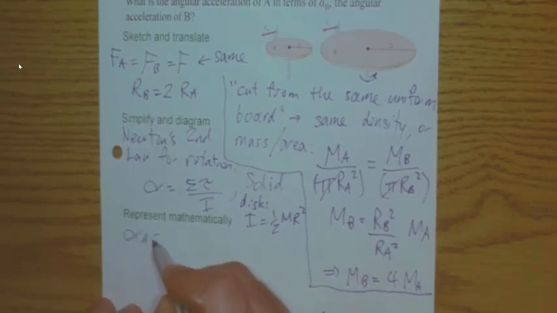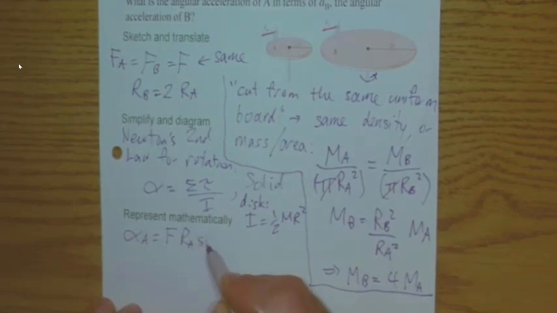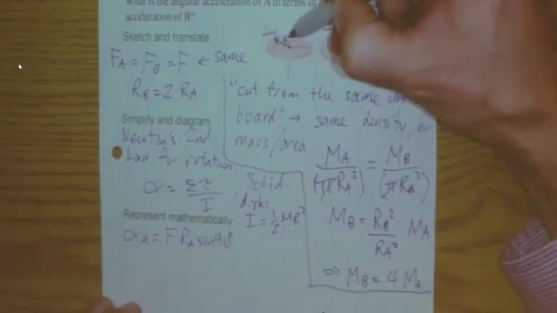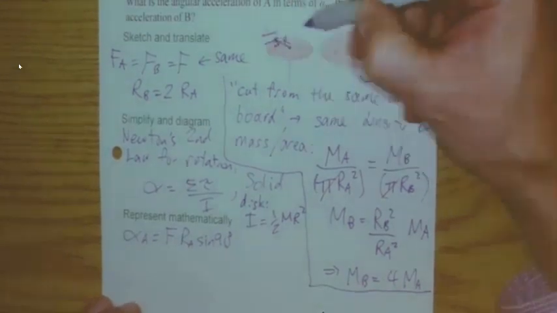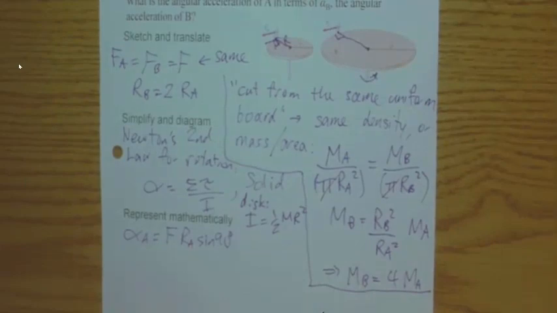So, alpha A is equal to the torque, which is F times RA times sine 90 degrees. I'm going to assume that the angle between the radius and the force is 90 degrees in both of these cases. They're both directed sideways to the edge of the disk, like a tangential force. And sine of 90 is 1, so it all works out.